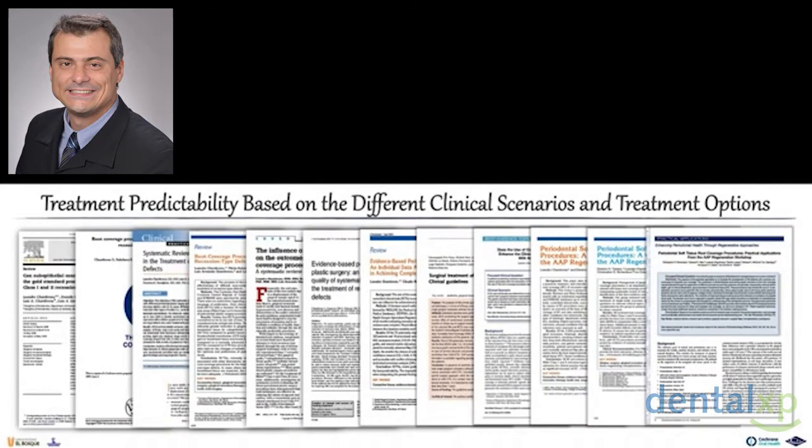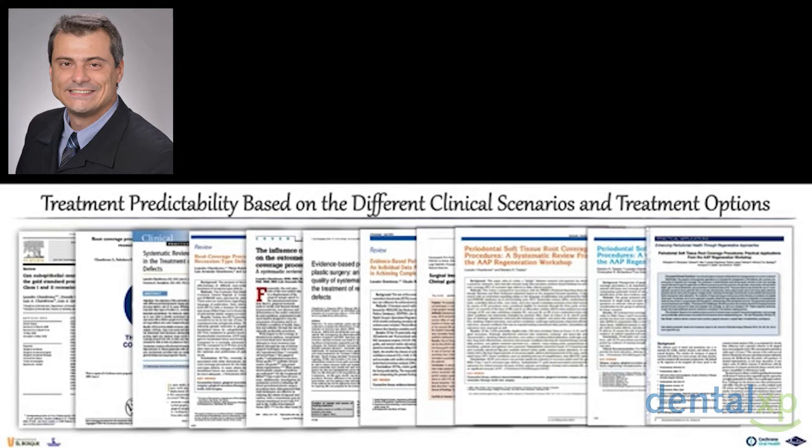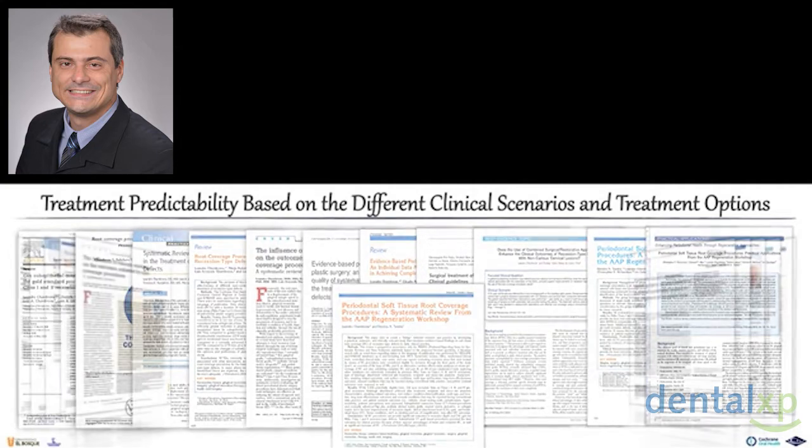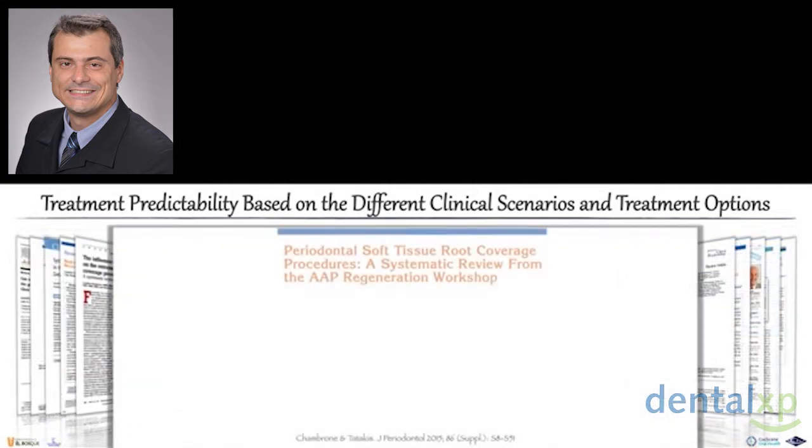On the other hand, we should consider that not only localized and shallow recessions will come forward for treatment. As clinicians, we may face a diversity of clinical scenarios. So, let's talk about the most common conditions pointed out by the American Academy of Periodontology in its recent regeneration workshop.